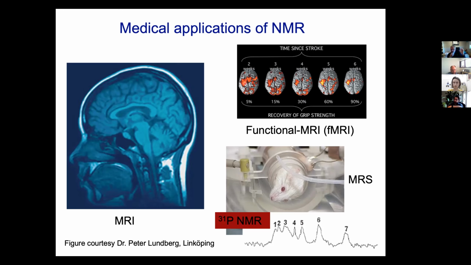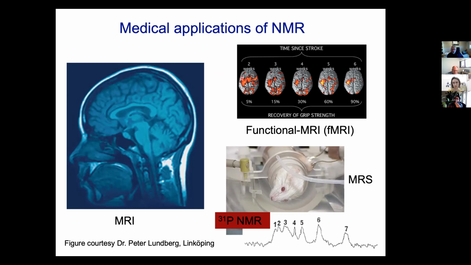And so they try to measure the gripping strength, and then they see in the brain what areas of the brain are actually being utilized to do this reaction. And you see, this is 5% gripping strength, and this person is really struggling and engaging a large part of his brain, because what you measure is oxygen consumption, essentially. Oxygen is paramagnetic, that influences the spectrum.